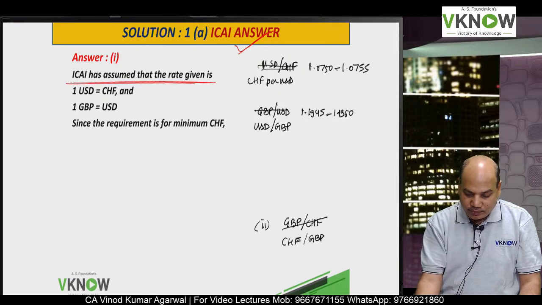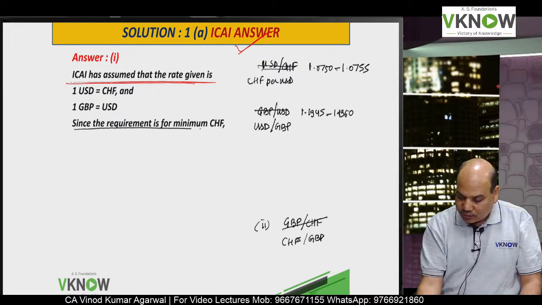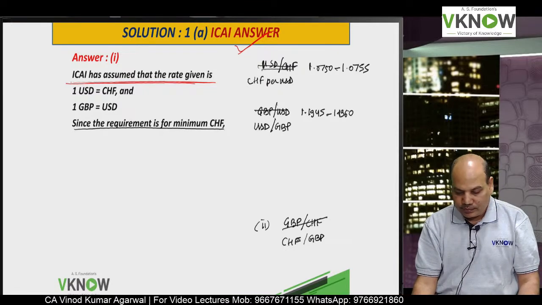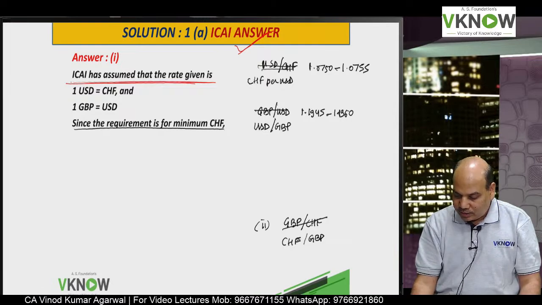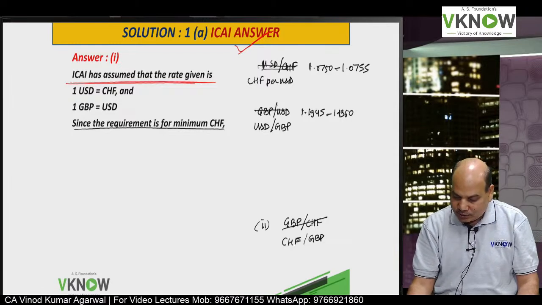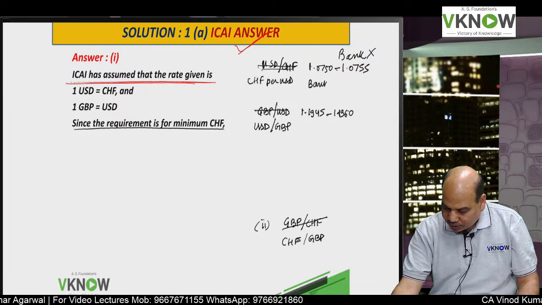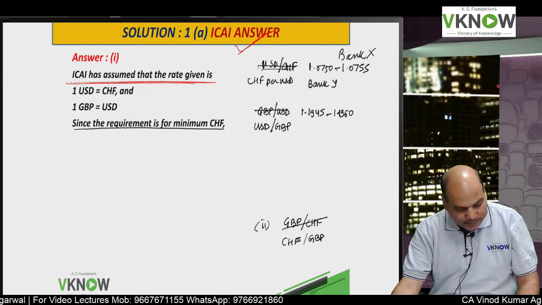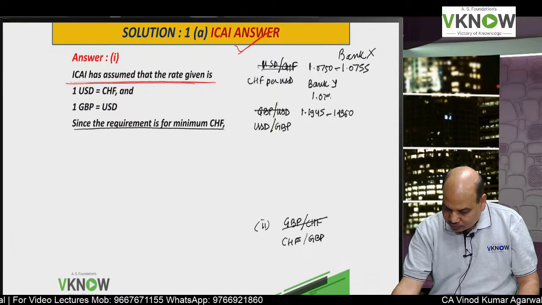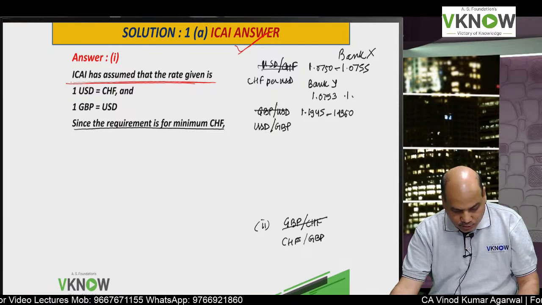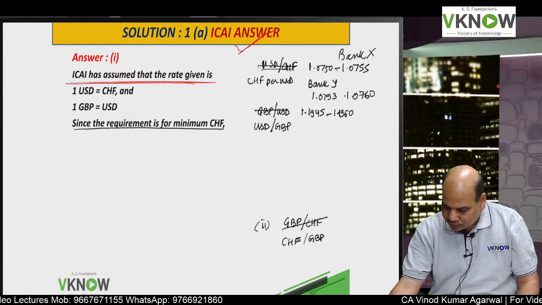Next line write down. Since the requirement is for minimum CHF, let us see, this is the quote of bank X and the quote of bank Y is 1.0753, 1.0760.